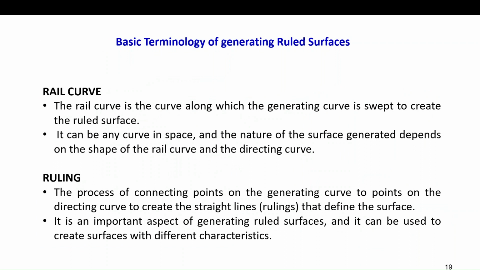So this process of connecting points on the directing curve to the generating curve is called ruling. And this process of connecting the points is important for the formation of ruled surfaces. And ruling can be used to create surfaces with different characteristics.